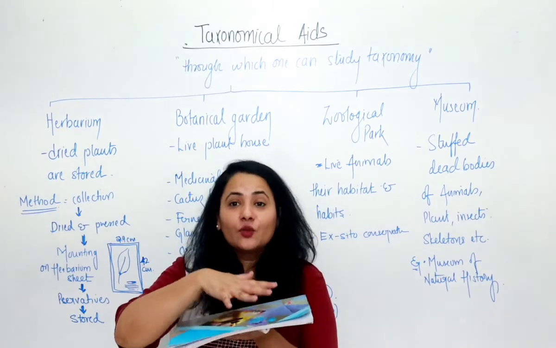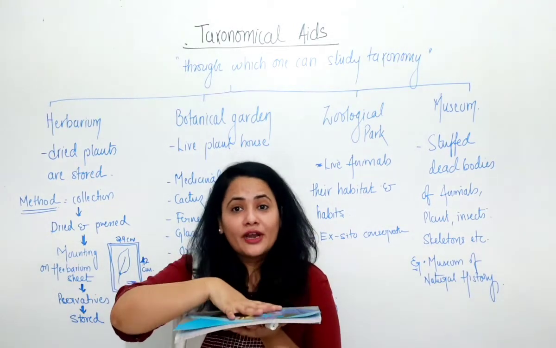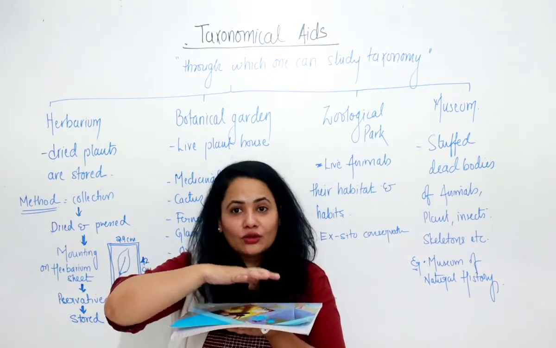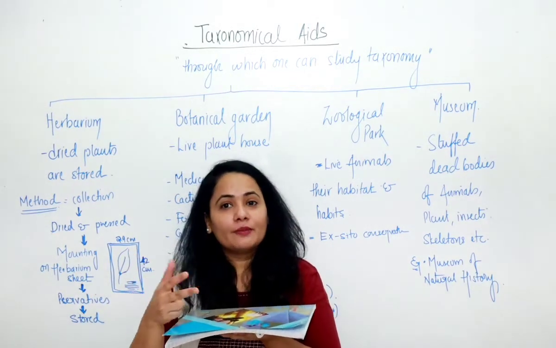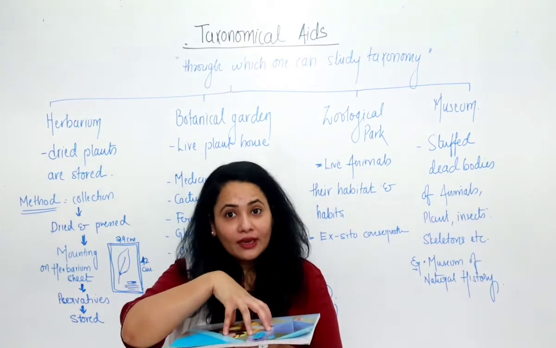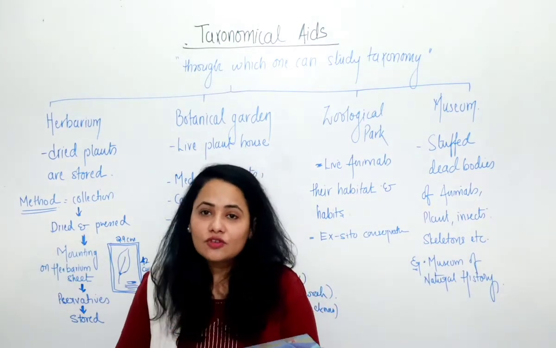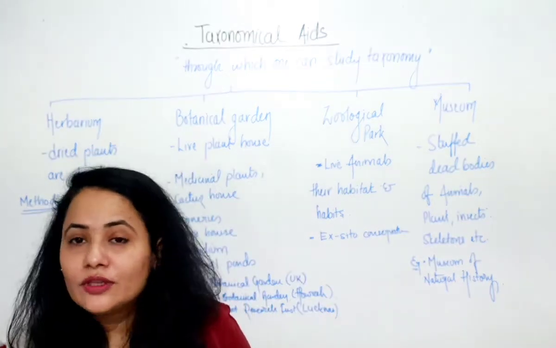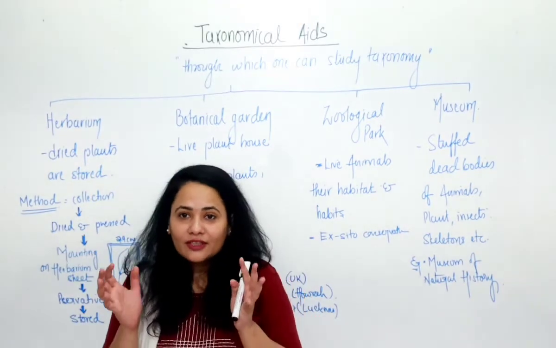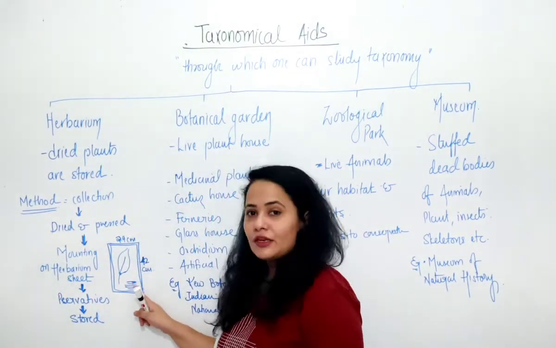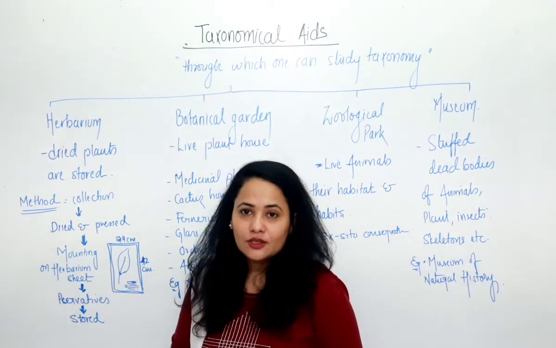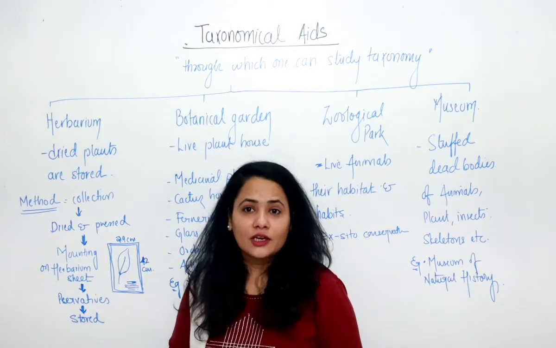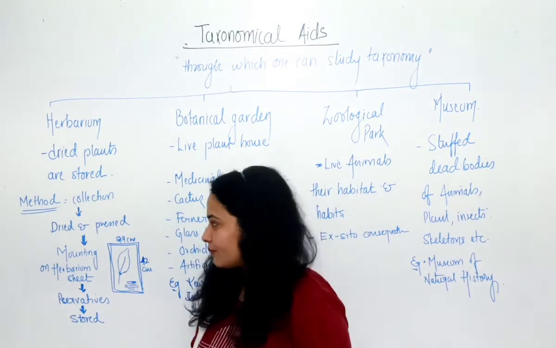You know that it will get dried and pressed. So that is the second step. The first step is collection and the second step is drying and pressing. Once drying and pressing is done, you can put that sample on the herbarium sheet. Putting that sample on the herbarium sheet is what you call mounting.